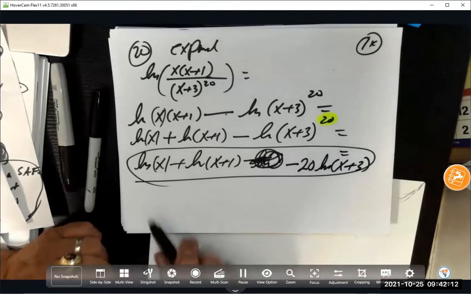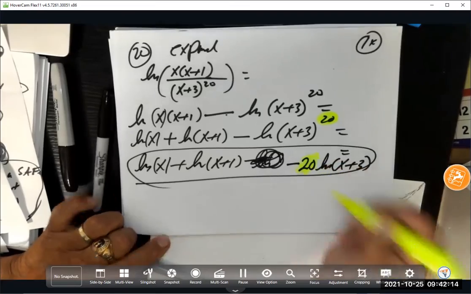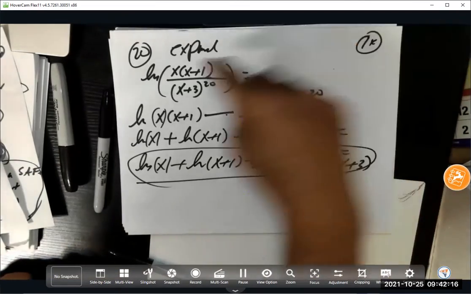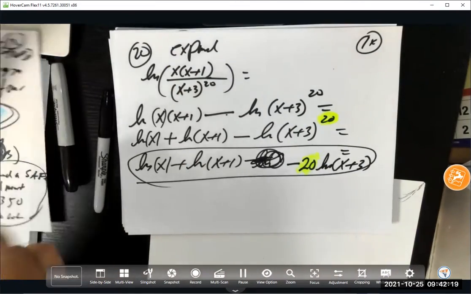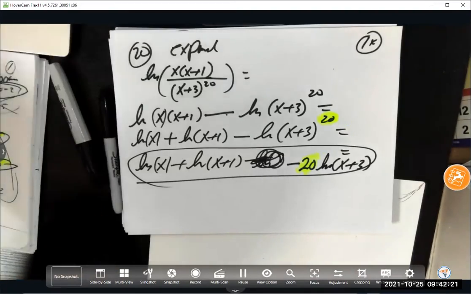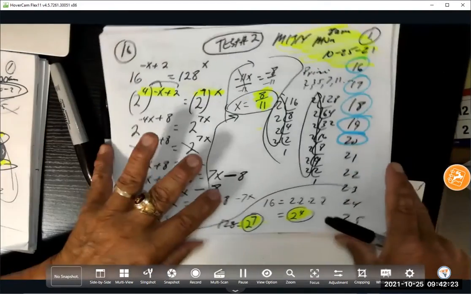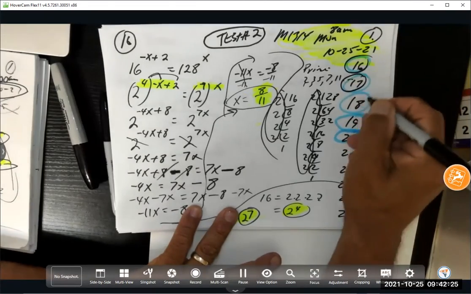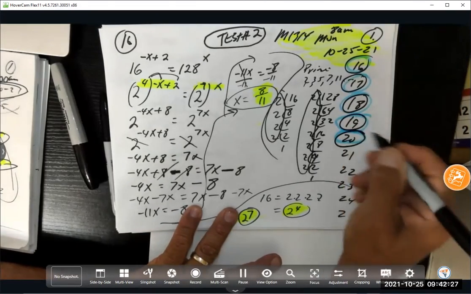Is that right? The number goes right in the front, like this? Yep. Okay, so that's number 20. I just did that because I want to make sure that you can do these. So you should be able to do 16, 17, 18, 19, and number 20 from test number 2.